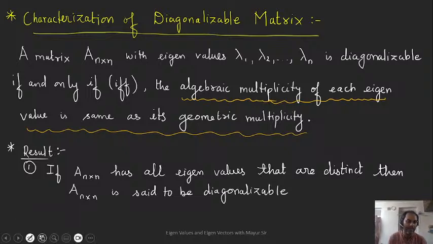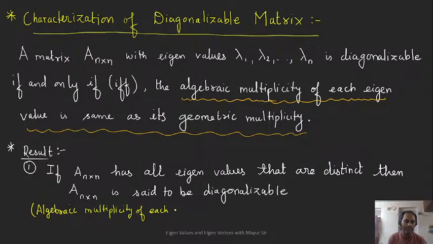Please write down that the hidden meaning here is that if the algebraic multiplicity of each eigenvalue is 1, then A is diagonalizable.